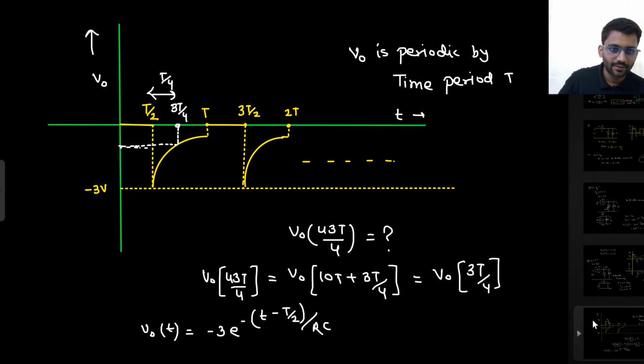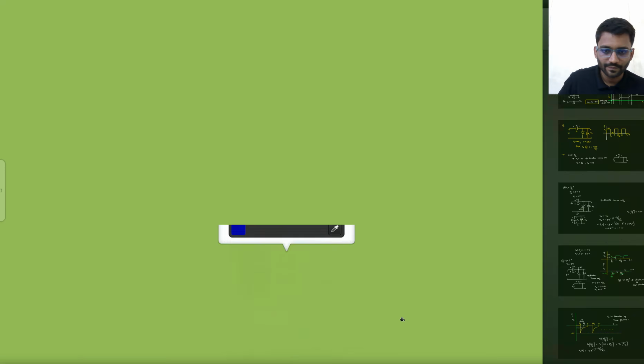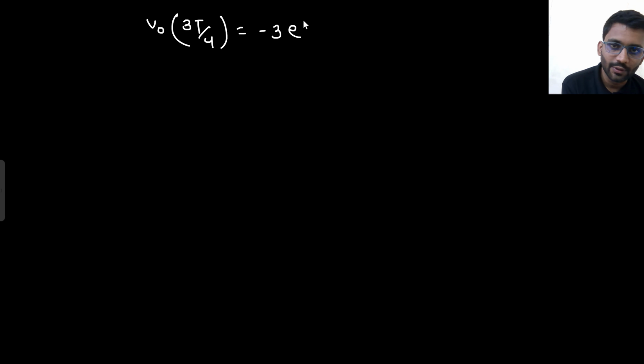Next page we can write. So V naught value at 3t by 4 would be -3 e to the power minus (3t by 4 minus t by 2) by RC. So it would be e to the power minus t by 4 RC.